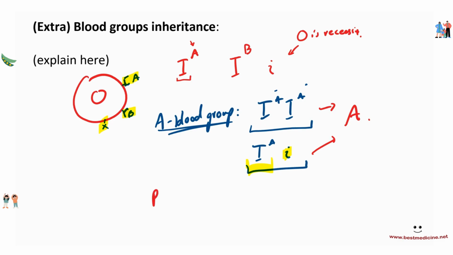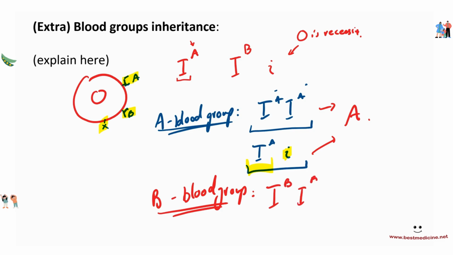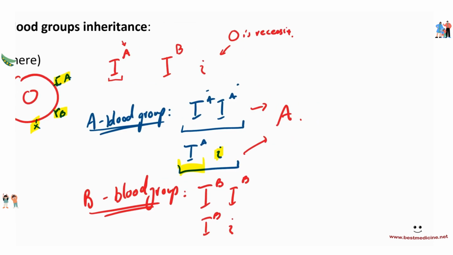For B blood group, a similar thing would occur. For B blood group, you're going to have IB IB, or a B allele and an O allele. O is recessive, so it will be masked off, and both of these together are going to give you a B blood group. For O blood group, which is a bit rare because it is recessive, you need to have two recessive alleles, homozygous recessive, to have an O blood group. Okay?